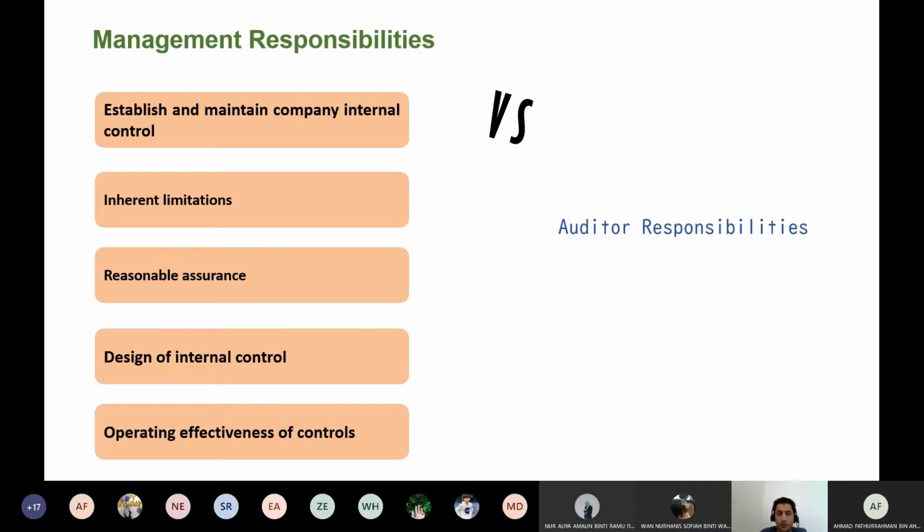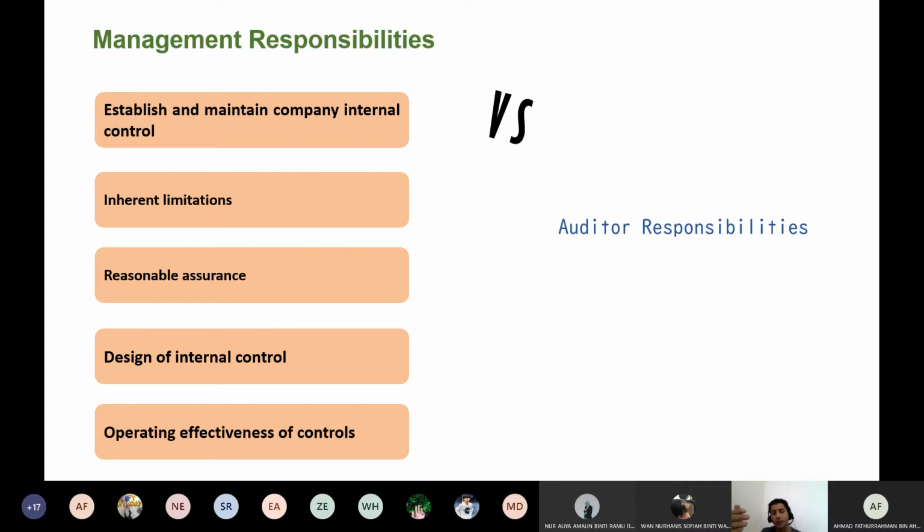So management responsibility is to establish and maintain the company's internal control. They also need to assess and minimize the inherent risk, provide reasonable assurance with regard to the internal control, and then design it.